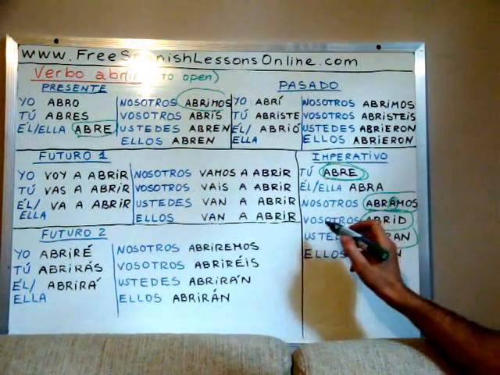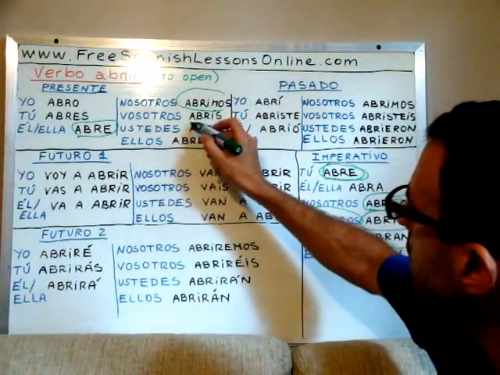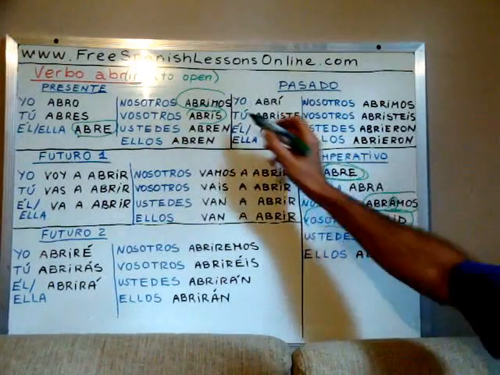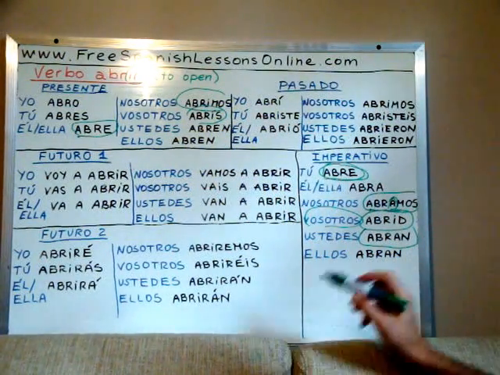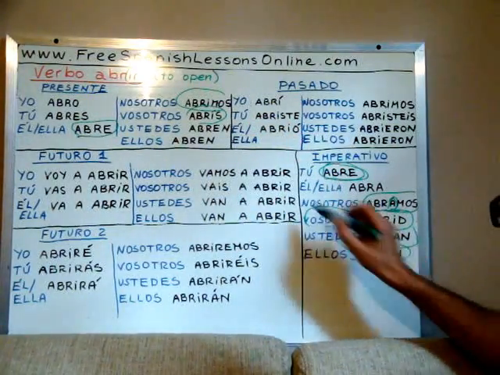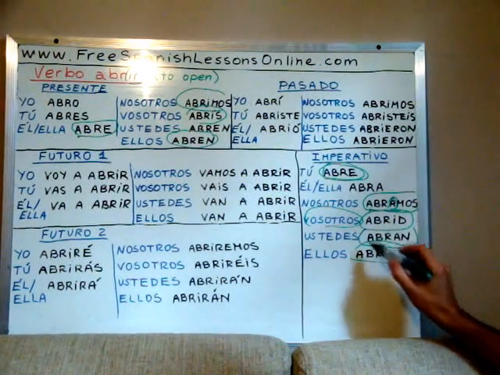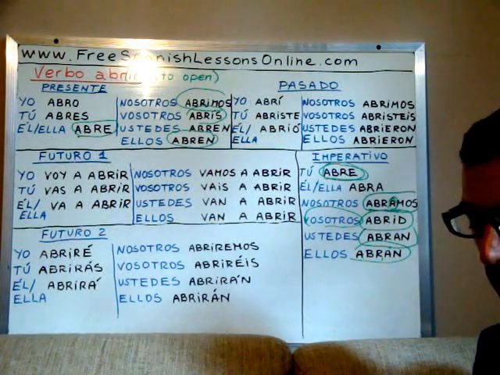Vosotros, for you plural: you see, here, abrid, we change the S for a D, right? And for ustedes and ellos, look, you see abren and abran, we change the E for an A, and we have the imperative.